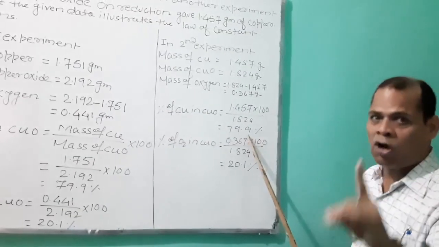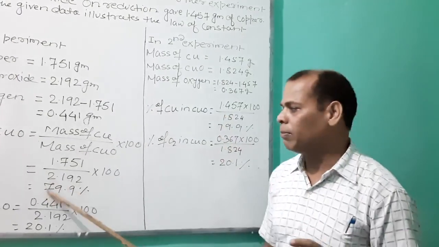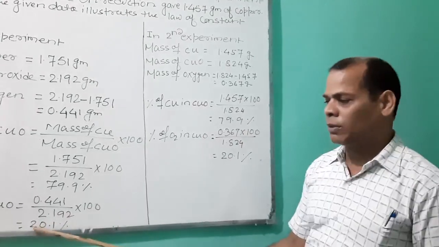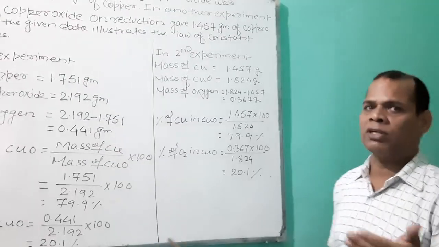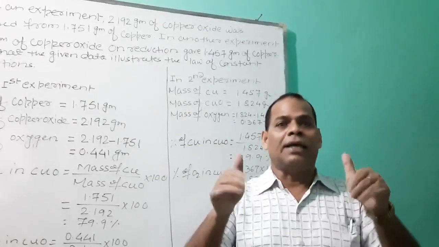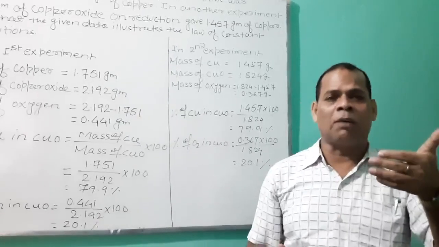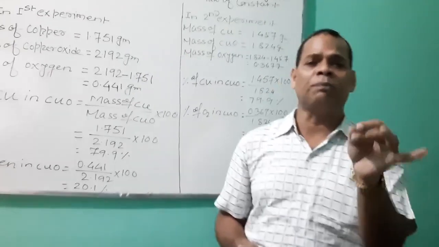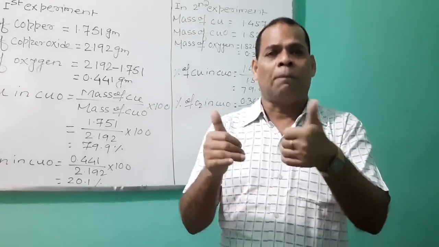It means in copper oxide the percentage of copper remains constant, and the percentage of oxygen is 20.1 in the first experiment and 20.1 in the second experiment also. So this reveals that a pure chemical compound always consists of the same elements combined together in a definite proportion by mass. This is the law of constant proportion.